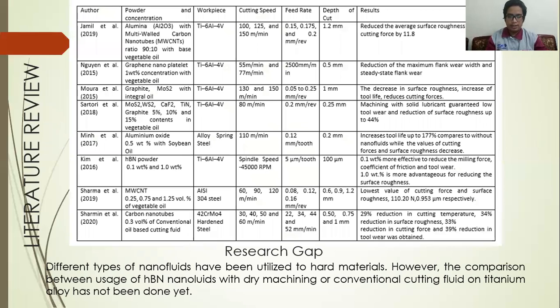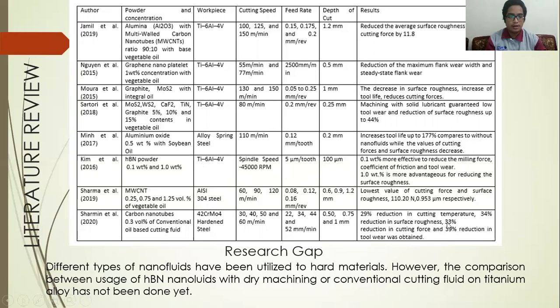This is the literature review that has been done. From the literature review, we can see that there are many researchers that have done research on machining of hard steel like titanium alloy, alloy spring steel, ICT-04 steel, and also hardened steel. Different parameters have been used by the researchers to test the effectiveness of the powder.